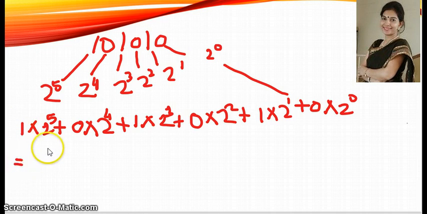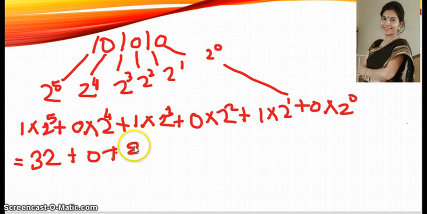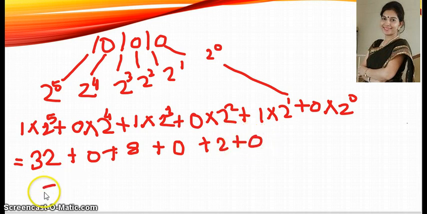So it comes out to be 2 raised to the power 5 is 32 plus 0 plus 2 cube is 8 plus 0 plus 2 raised to the power 1 is 2 plus 0, and the total comes out to be 42.